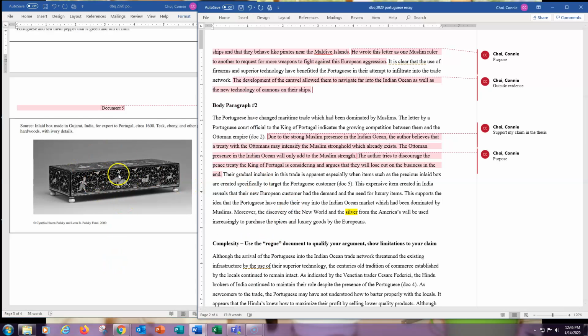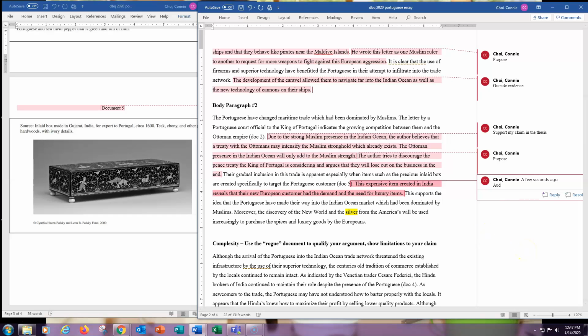And so I basically described the box to cite this document. This expensive item created in India reveals that their new European customer had the demand and the need for luxury items. This supports the idea that the Portuguese have made their way into the Indian Ocean market, which had been dominated by the Muslims. And for this document, I basically decided to do the analysis first.